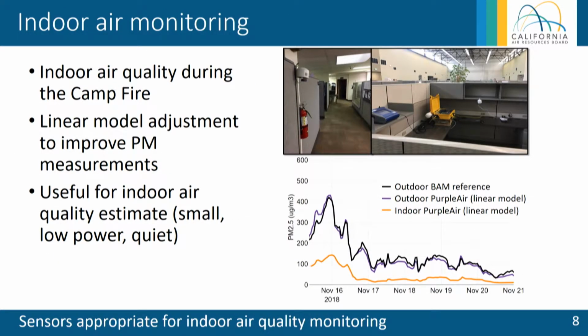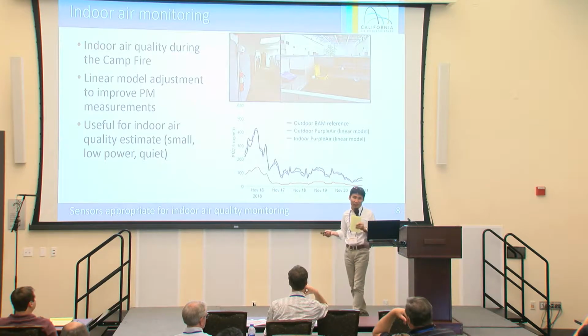And here's another local sensor application. This is what happened in the Camp Fire last year, November time, I guess. It started with, at that time we had a board meeting, and the board chair mentioned, I have to think about canceling the board meeting if the air quality is over the standard.